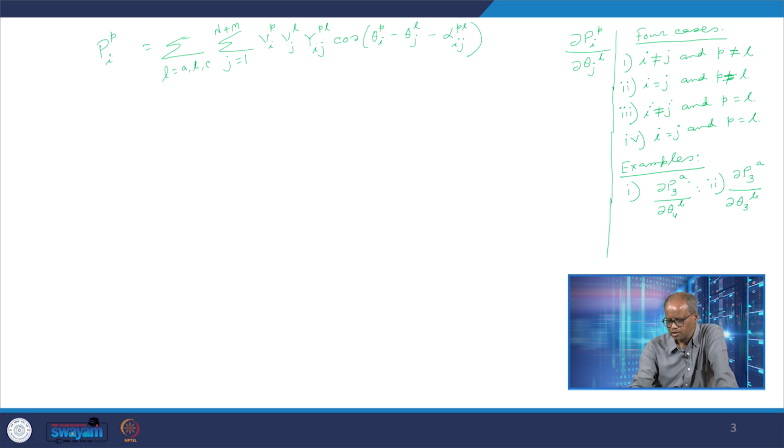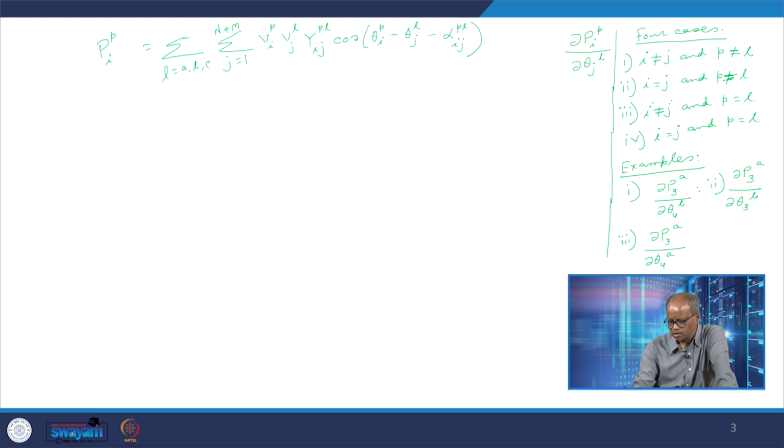So, here in case 1 you see I and J are both different, and P and L are also different. In case 2, I and J are equal, but P and L are not equal. Case 3 would be where I is not equal to J, so del P3A by del theta 4A.